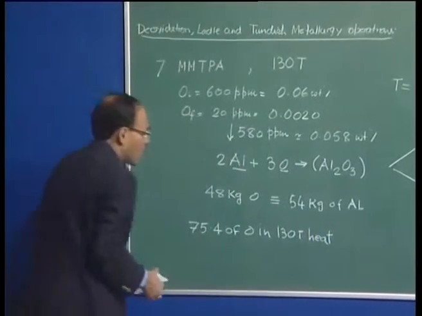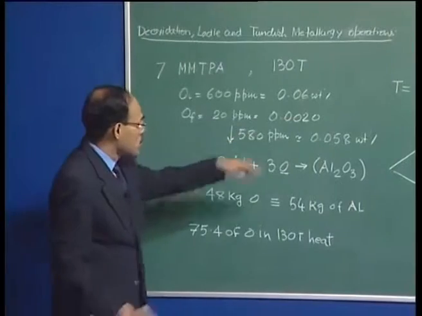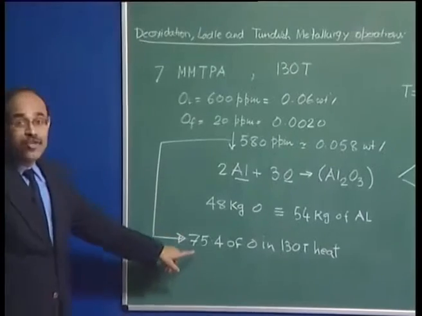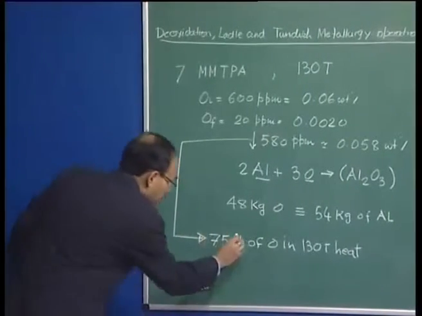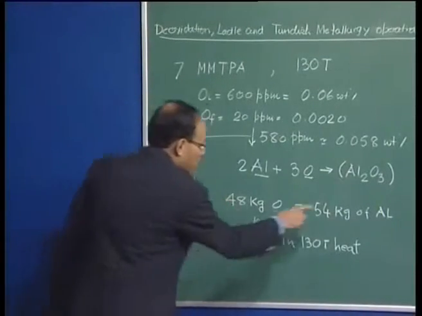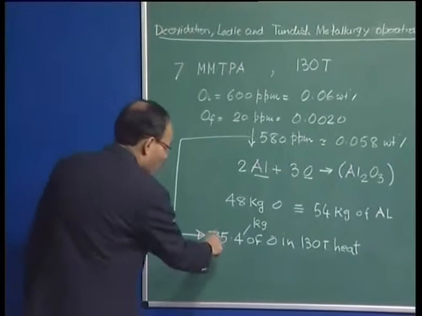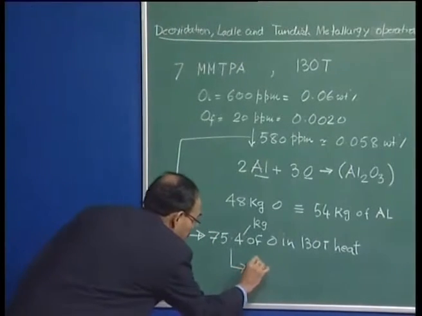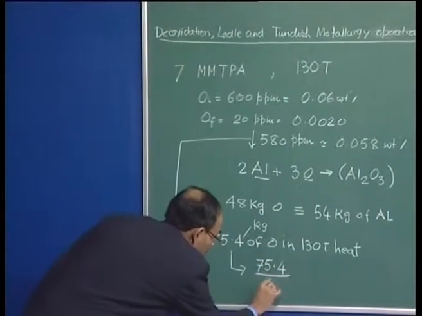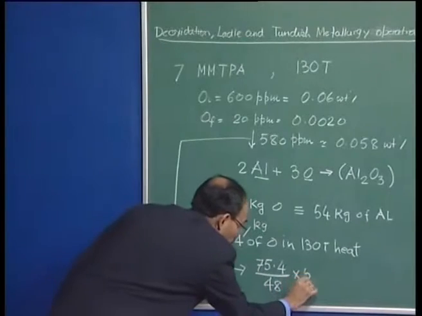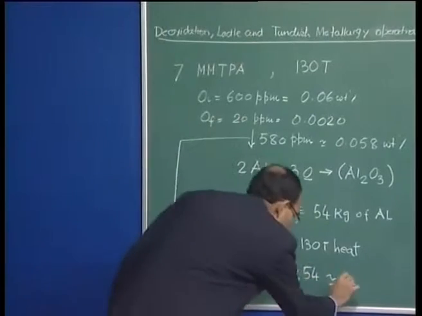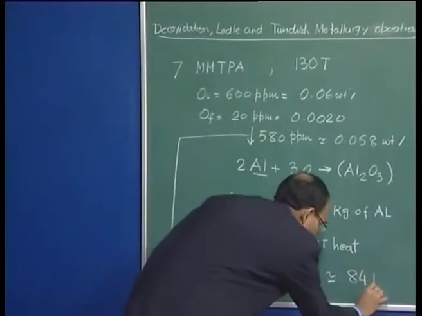So this much oxygen really has to be eliminated, and on the basis of this equation we can say that the corresponding amount of aluminum needed is going to be 75.4 divided by 48 multiplied by 54, which is approximately about 84 kg.